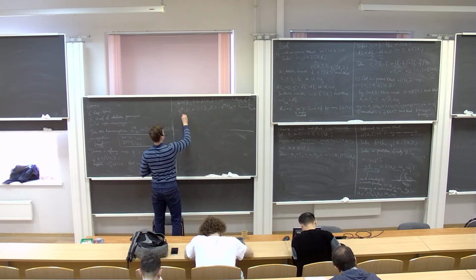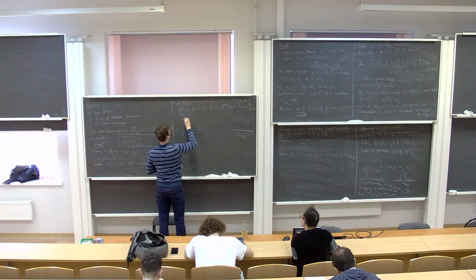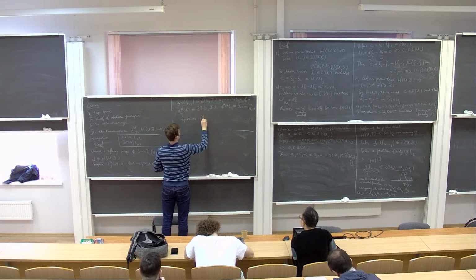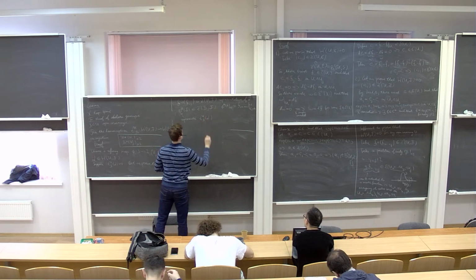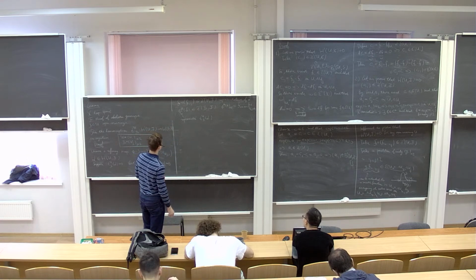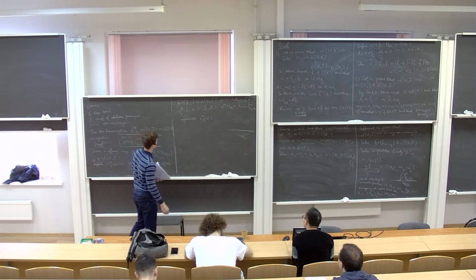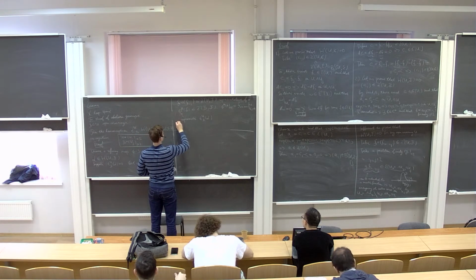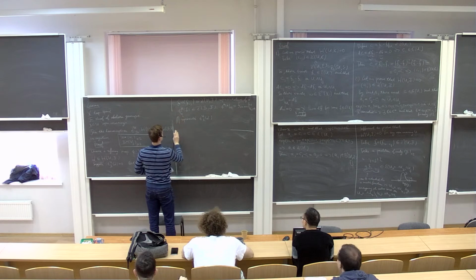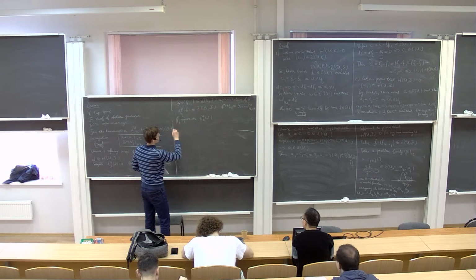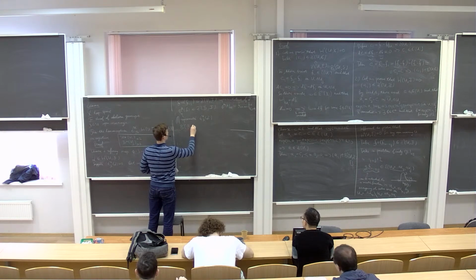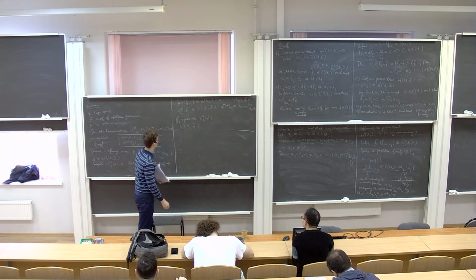So this represents the restricted class. And then, since this class is 0, this belongs to the group of coboundaries.